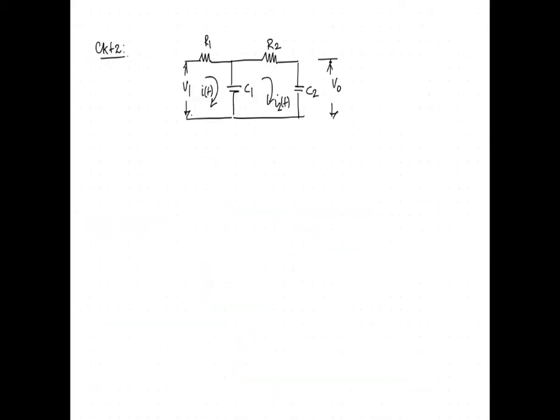Now let us consider another circuit. Here let us assume that we have a voltage V3. It should be noted that when you write the transfer function at the end, the transfer function should have only the terms associated with the elements of the circuit. The variables that are used for manipulating the circuit should not be present. We can write the equations as V1(t) is equal to I(t) into R1 plus V3.